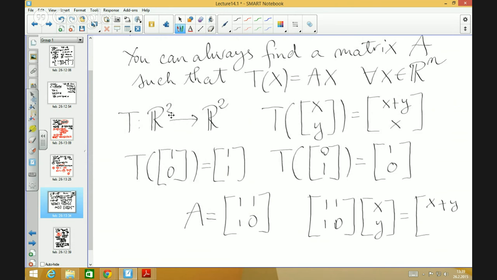Hey, that's x plus y. 1 times x plus 0 times y, that's x. Oh my golly. That's exactly what T does. Magic. Well, not magic. That's the way it is. It always works if T is linear. Always.